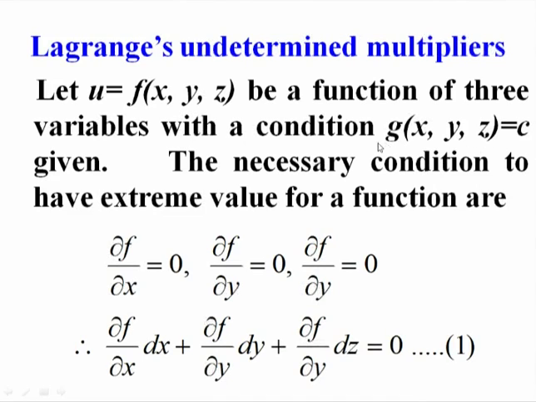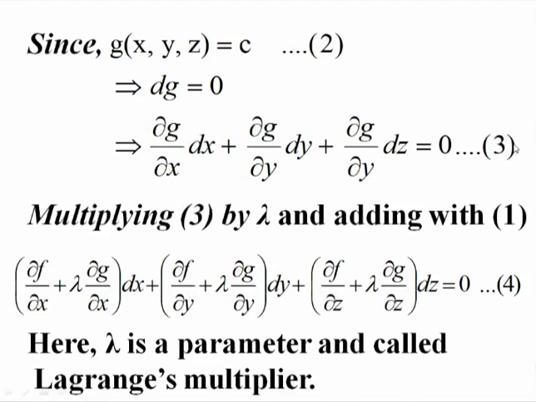So if we take the total differential of this, then it is 0. So let us write down: since g of x, y, z is equal to c, the total differential dg of this function is equal to 0, and this dg is defined as del g by del x into dx plus del g by del y into dy plus del g by del z into dz.